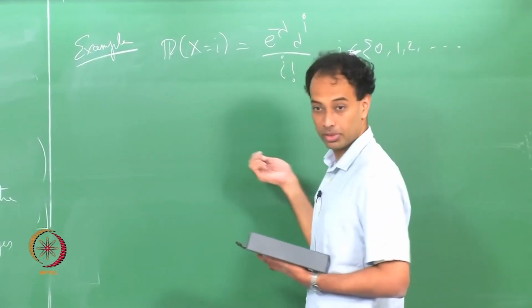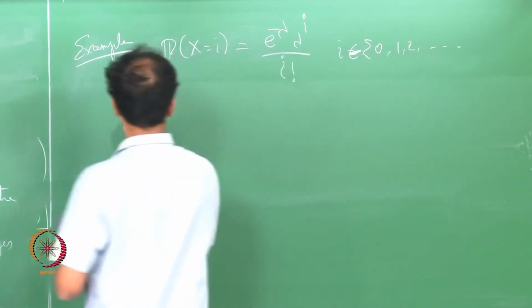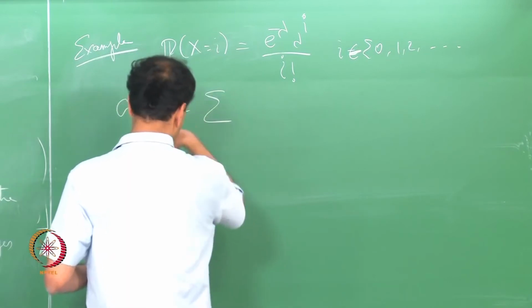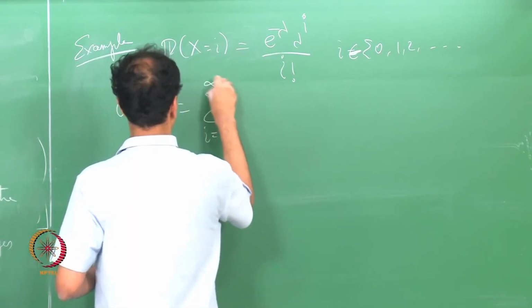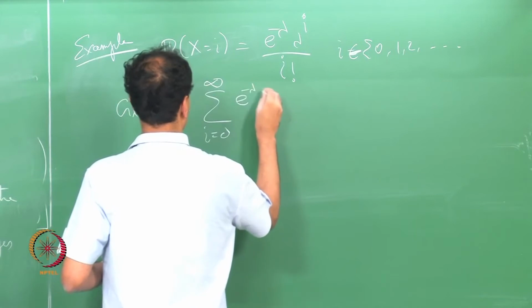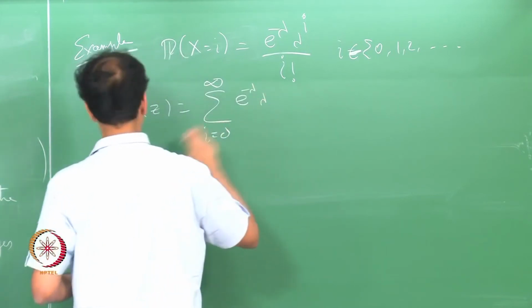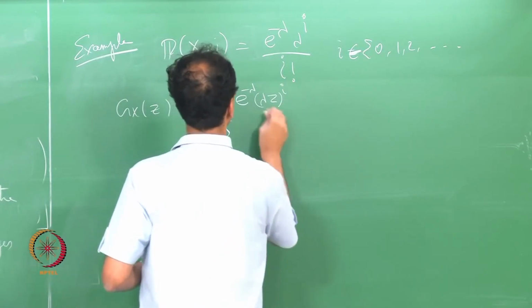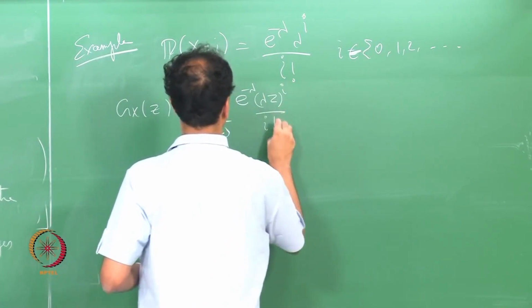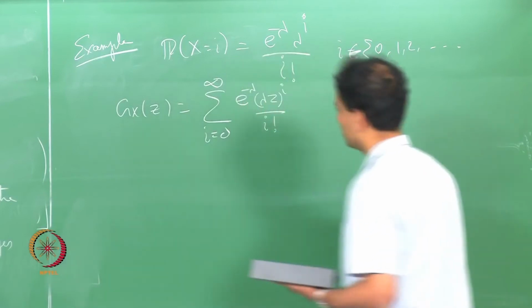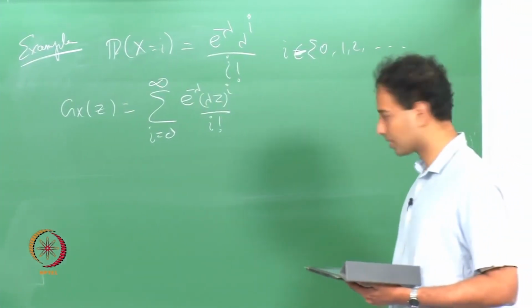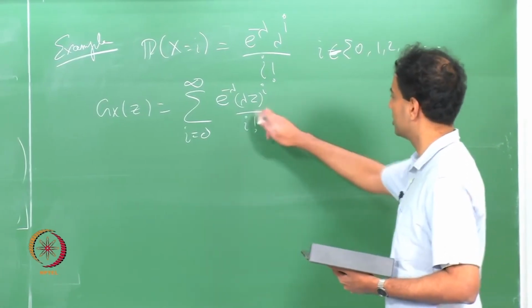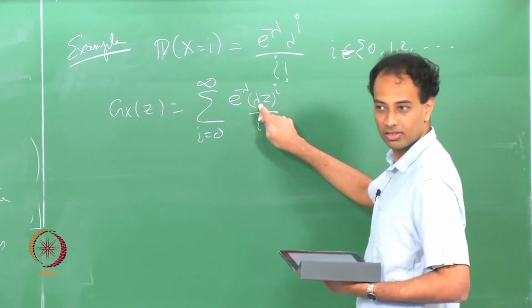So, Poisson random variable, here your g x of z will be sum over i equals 0 to infinity, and that is simply the series for e power lambda z, right.